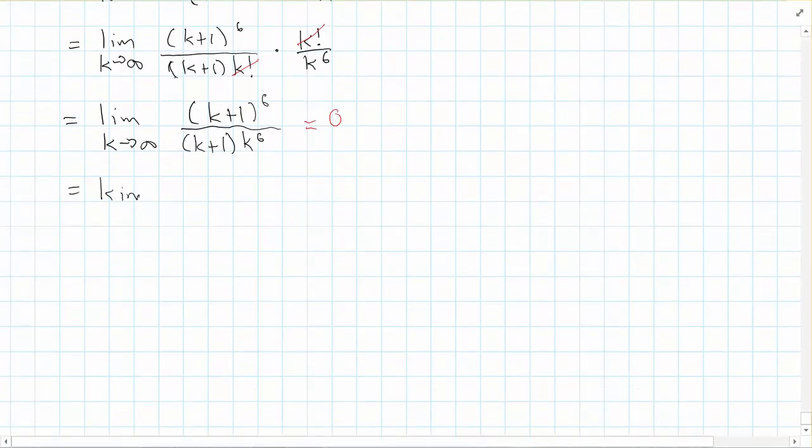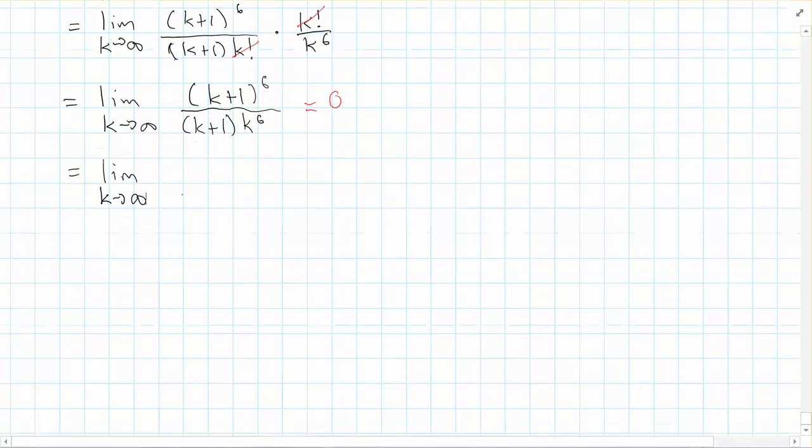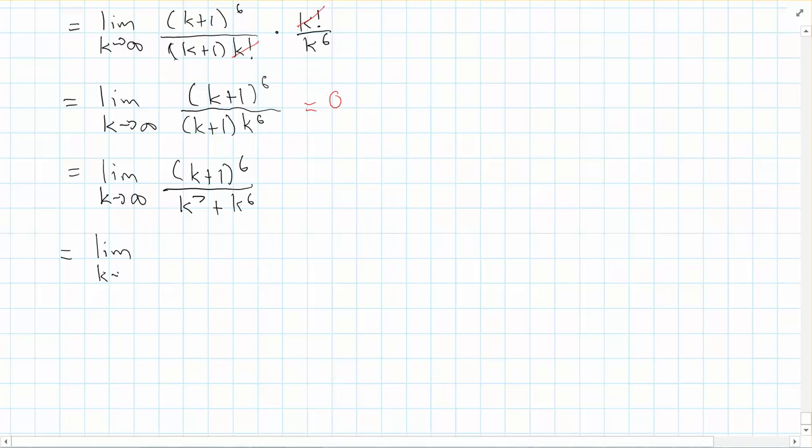The limit as k goes to infinity of (k plus 1)^6, and if I multiply the denominator out, I'd have k^7 plus k^6. Now I'm going to somewhat multiply the numerator out. I could multiply it out completely using the binomial theorem, and I'll show you that in a second if you want to see it.